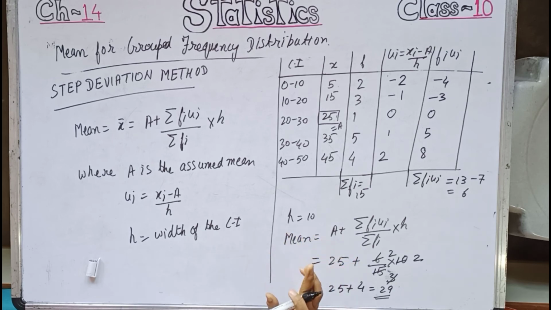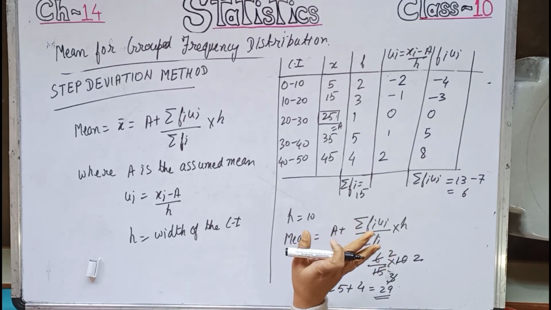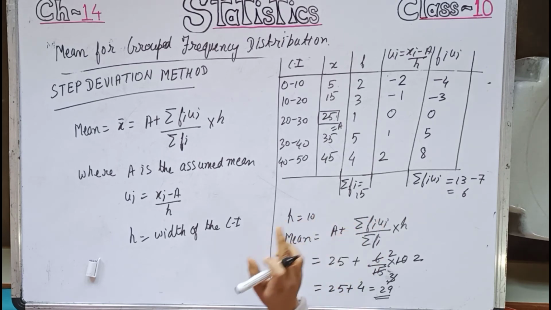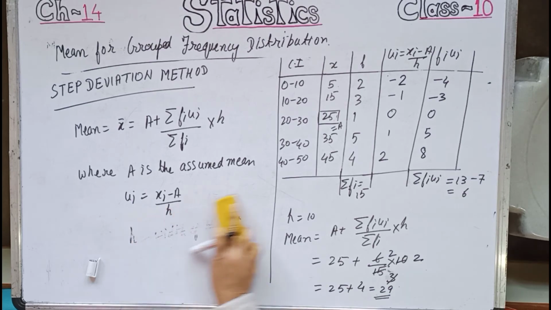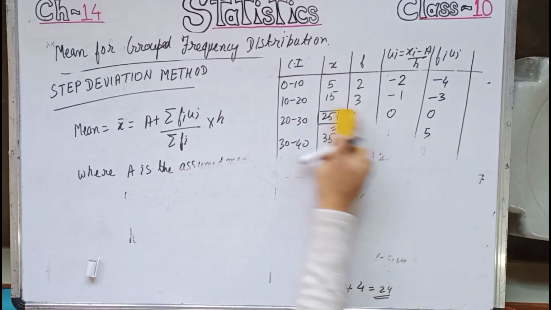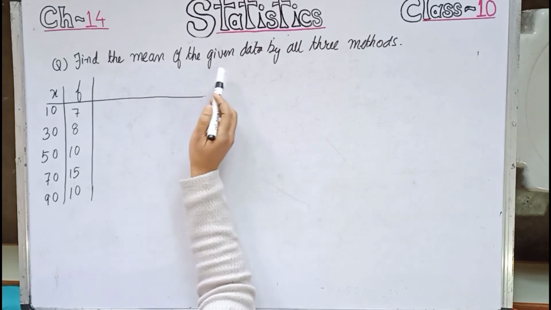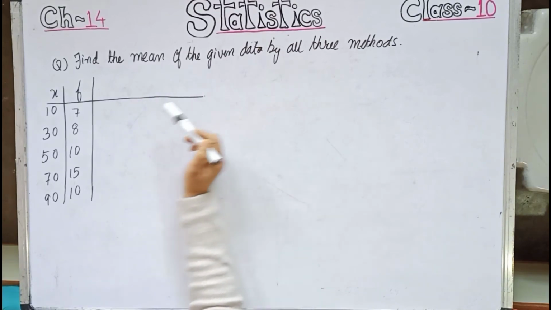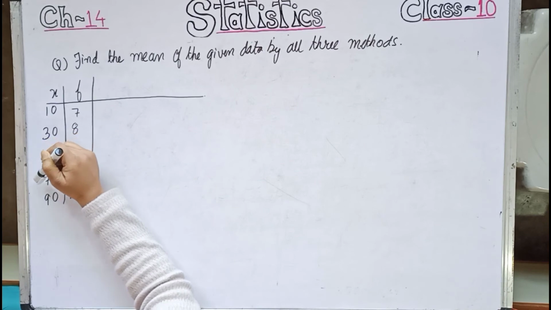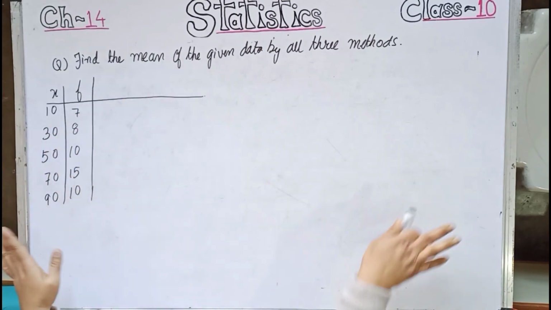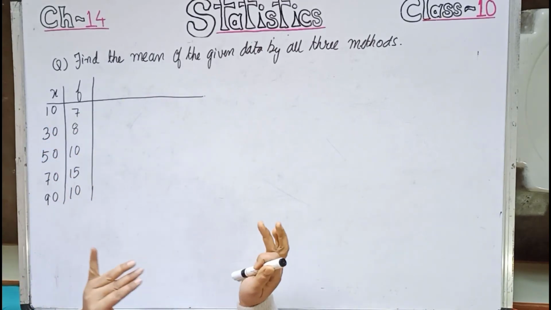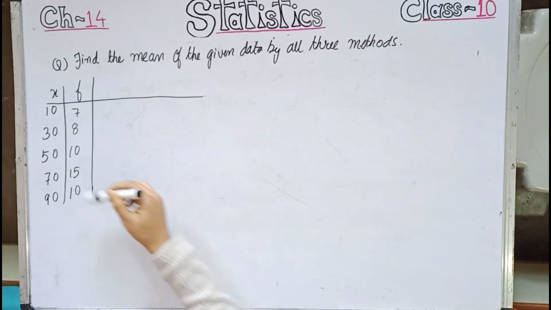Now we will be doing a sum, and for that one particular example we will be finding the mean by all three methods. So let us move on. The sum I have written over here is: find the mean of the given data by all three methods. I haven't mentioned the CI column because I want to utilize the whole space for solving the sum by three methods.